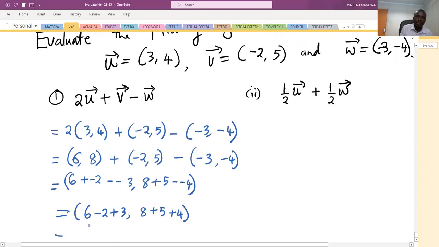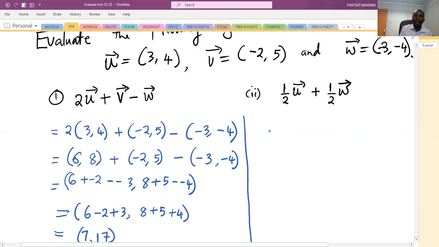And this will give us 6 plus 3 is 9, minus 2 is 7. And then 8 plus 5 is 13, 13 plus 4 is 17. So therefore the vector will be (7, 17).